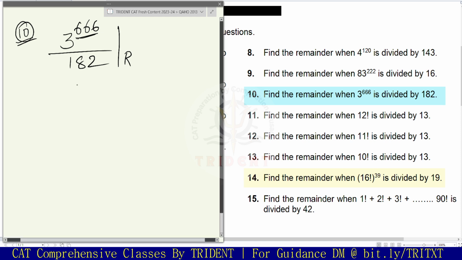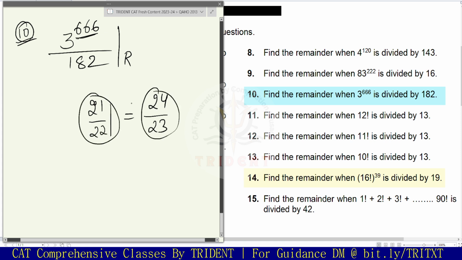One thing that I have taught you in the concept classes is that in a scenario where you have very contrastingly different sizes of the numerator and the denominator, we try to come up with numbers like 24 by 23 in the numerator and denominator, or numbers like 21 or 22, so that the remainder that I get effectively makes my life easier in terms of calculation.